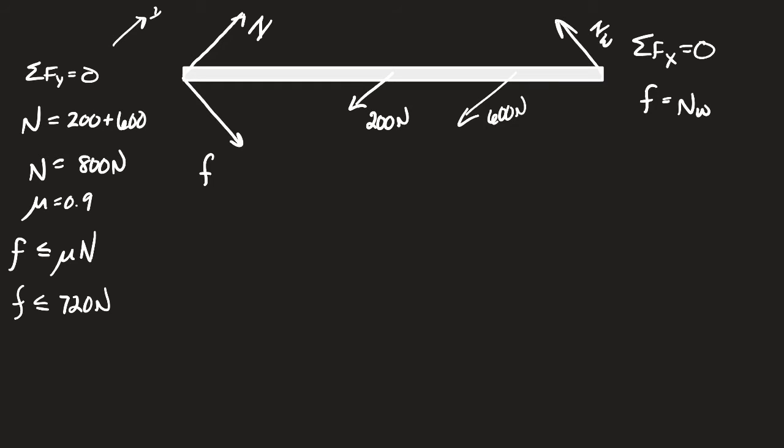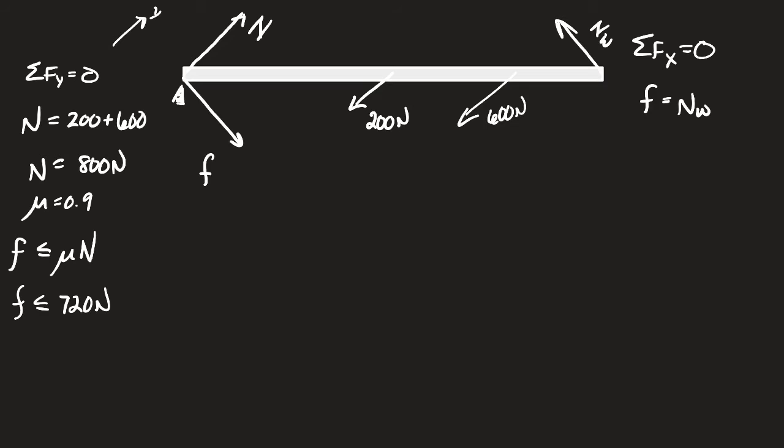Now I'll go one step further here and recognize that if I choose my pivot to be here, which is not really me choosing, if the ladder is going to pivot, it's going to pivot there. So it's not like it's a weird choice.